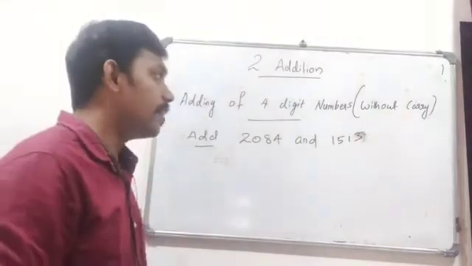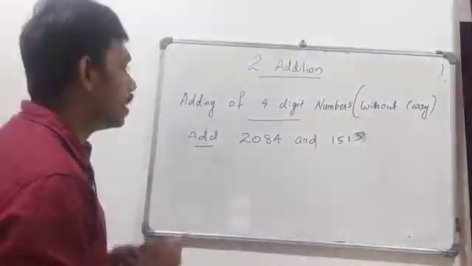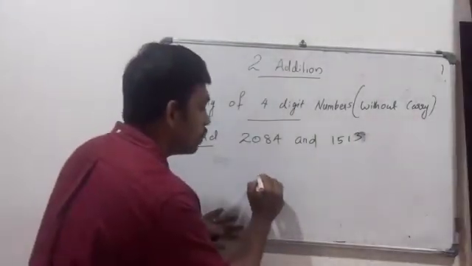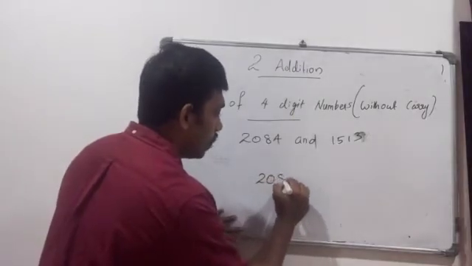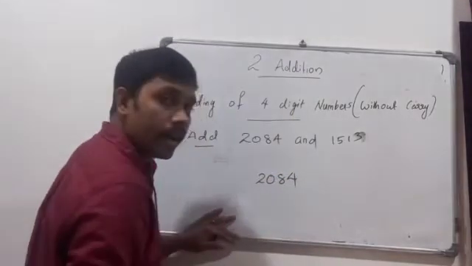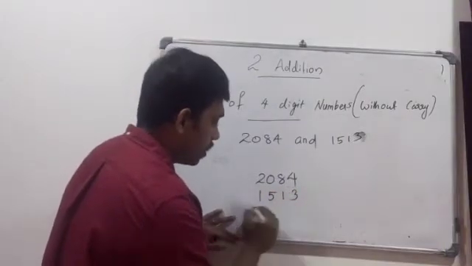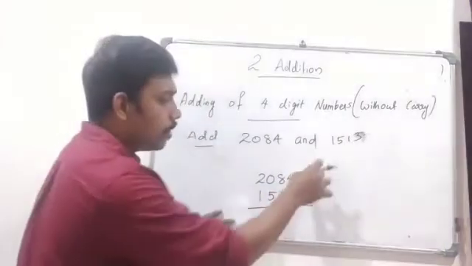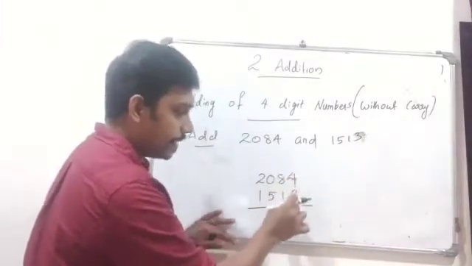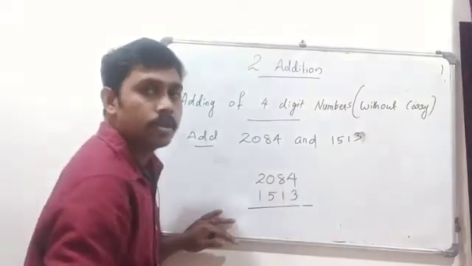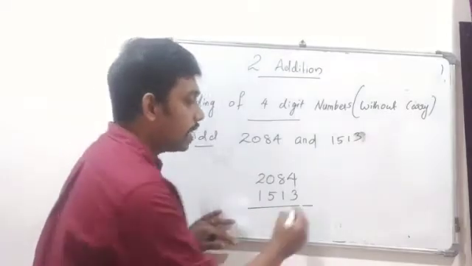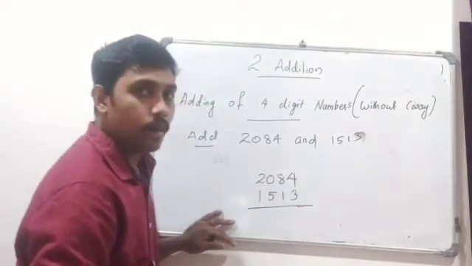First we write the given numbers column-wise: 2084 and 1513. Ones place, tens place, hundreds and thousands. First we add the digits in the ones place.